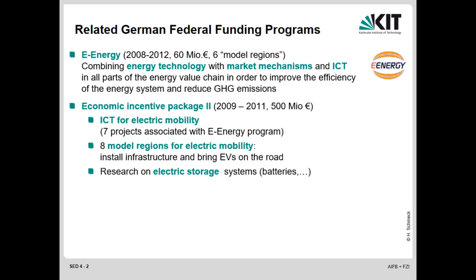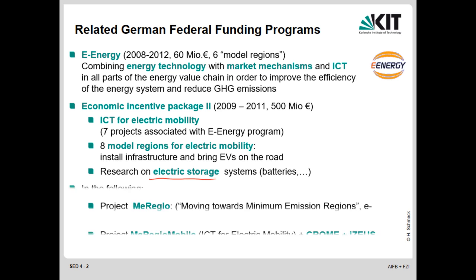seven years ago now, 2009 to 2011. That was the programs on ICT for electric mobility. We had model regions for electric mobility and also funding of research on electric storage.